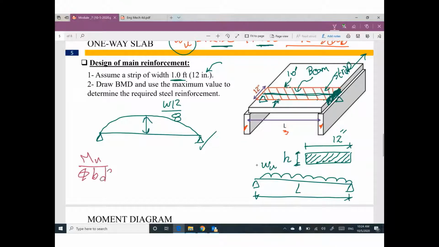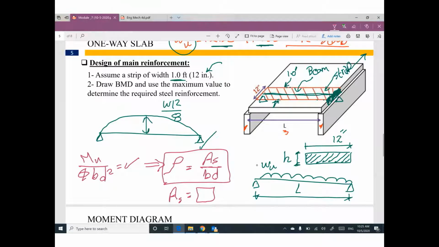What is the value? Once you get this value, I can figure out rho, which equals area steel divide B times D. From this relationship, I can figure out the required area steel per foot, because all of these calculations are based on one strip with unit width.